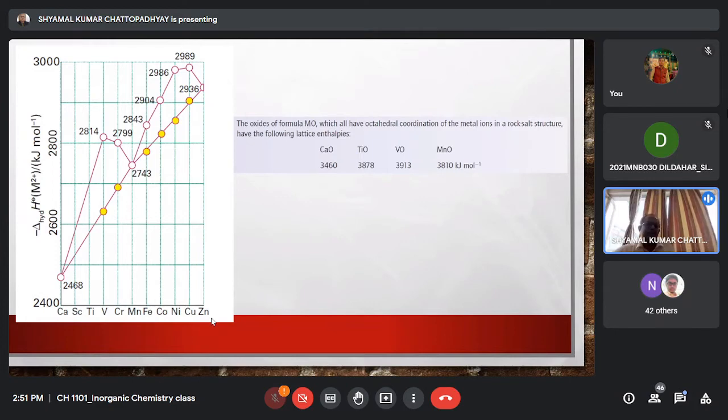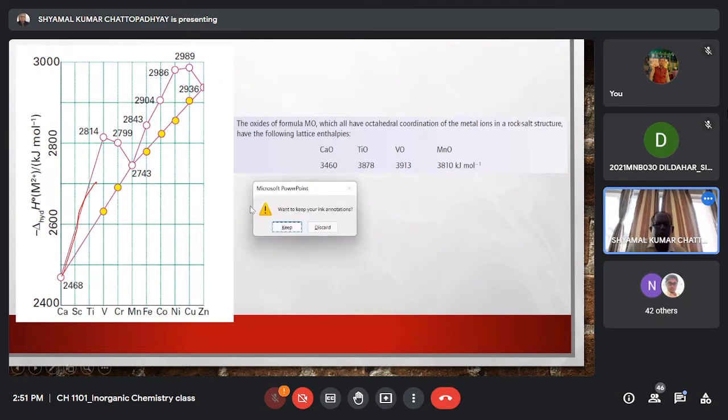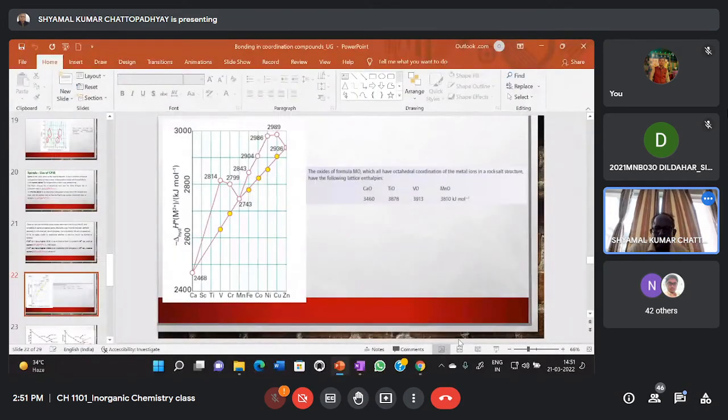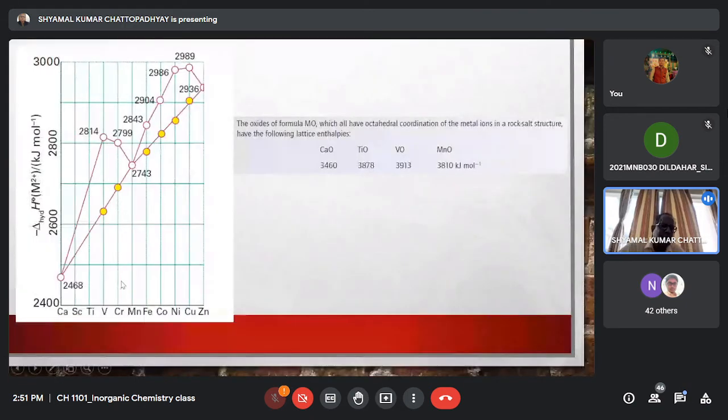And if there were no crystal field effect, we should expect a straight line between D0, D5 and D10.